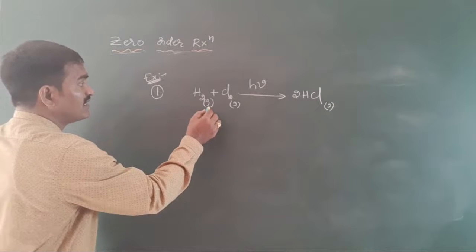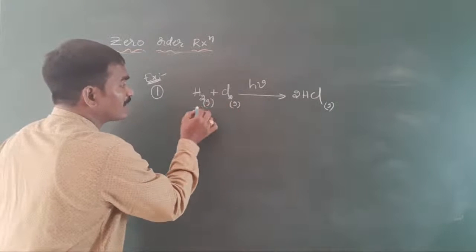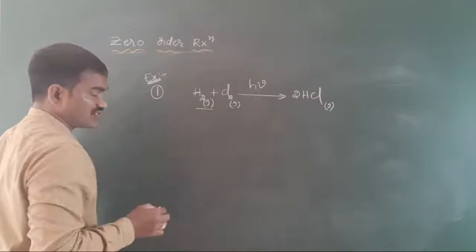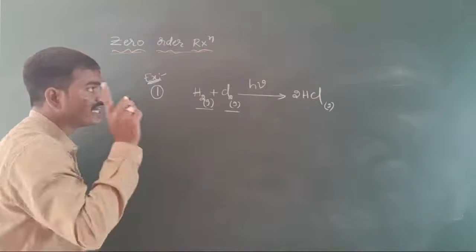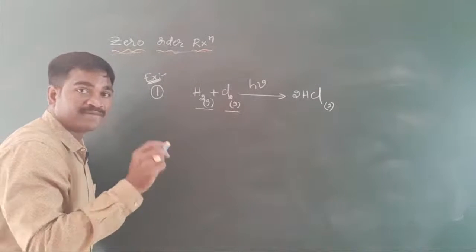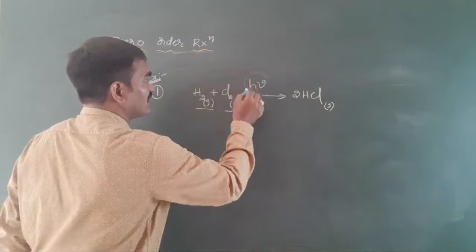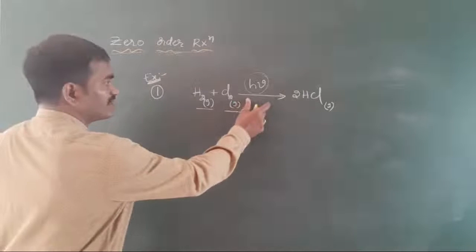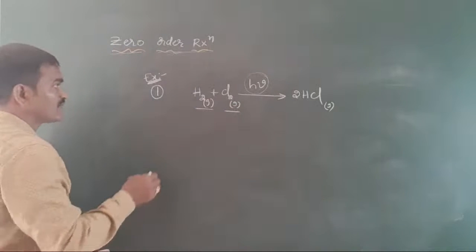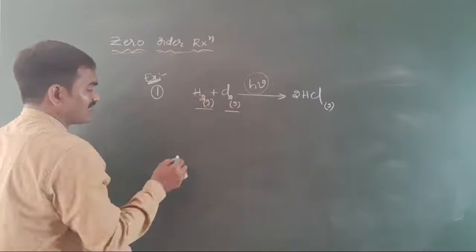What is that? Here the rate is not depending on the concentration of H2 and not depending on the concentration of Cl2. It is completely depending on what? Depending on light, the intensity of the light. Is it clear? So take it down like this. So this is the photochemical reaction example.